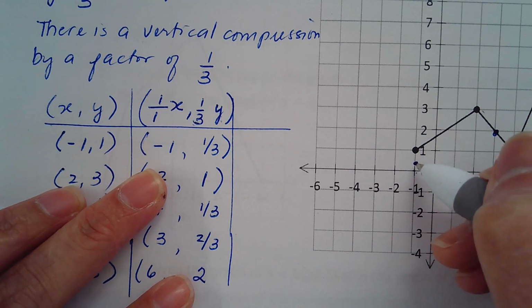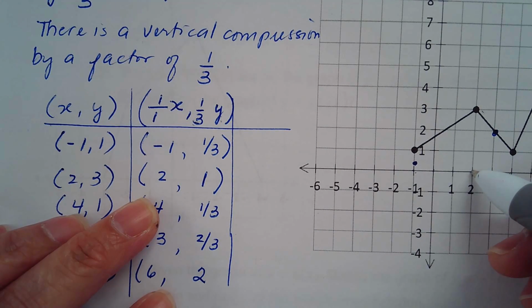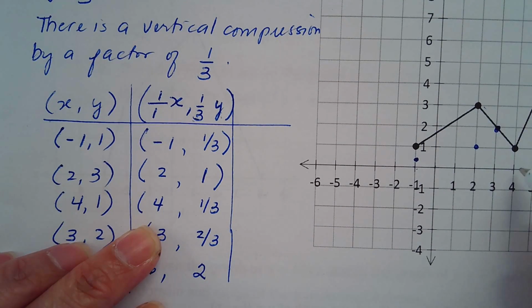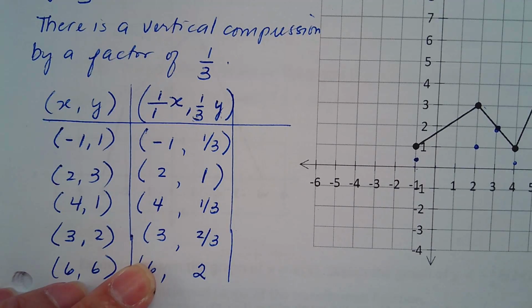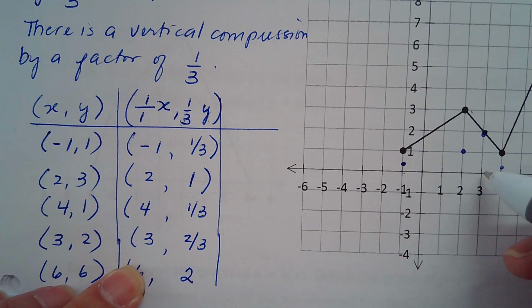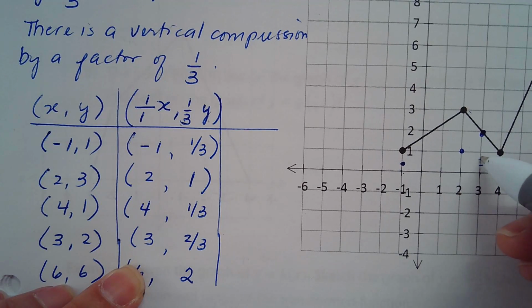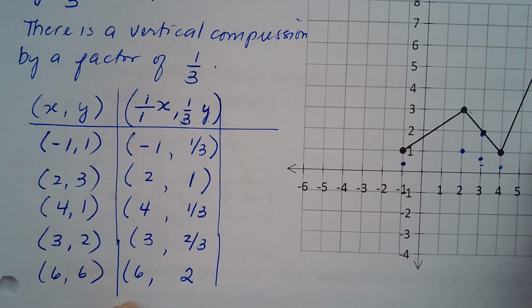So cutting it into thirds, so there's 1/3 there. 2, 1, so 2, 1. 4, 1/3, so 1/3 right there. 3, 2/3, so this is 1/3, 2/3, that's that one right there. And then 6, 2, so 6, 2.